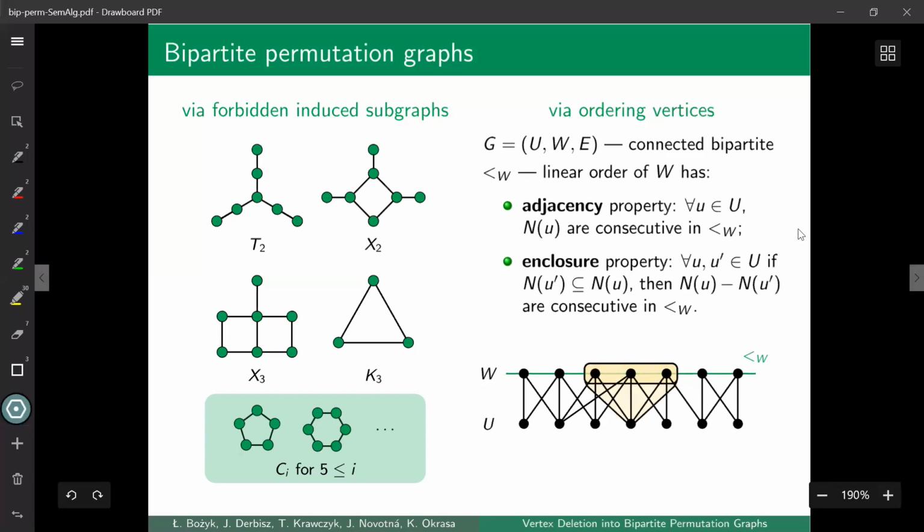And we say that it has the enclosure property if for every pair of vertices here downstairs such that one neighborhood is contained in the other one, we don't have a situation like this, where one neighborhood is contained within the other one with non-empty difference on both sides. Okay, so it's moved to the edge.